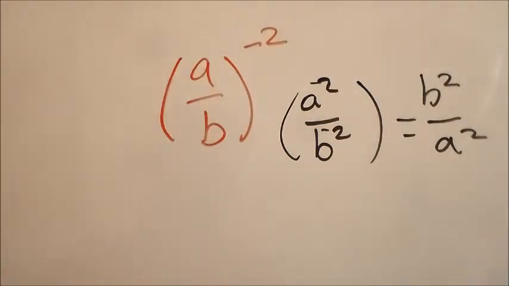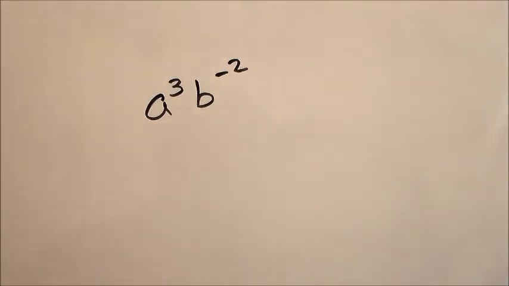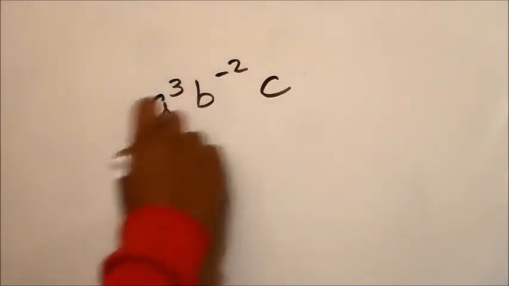And that's pretty decent. So now, let's give you something funky. Let's throw something really funky at you. Something that's real scary that you might see on the test. You'll be like, oh my God, a cubed, b to the negative 2, and c.